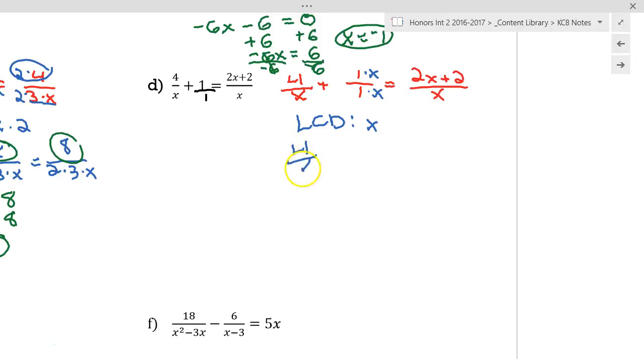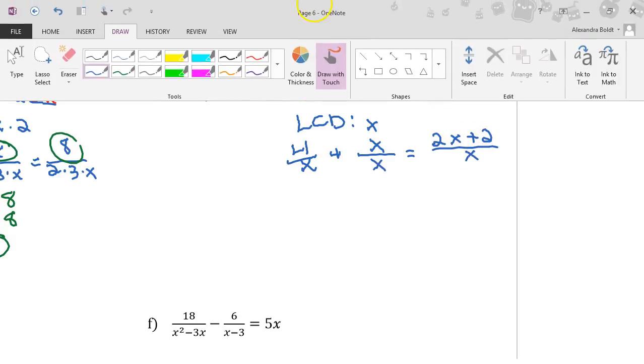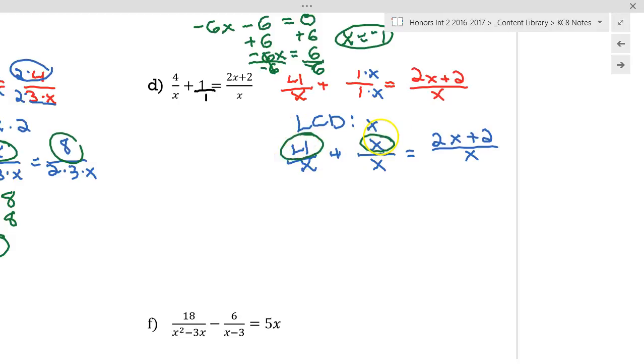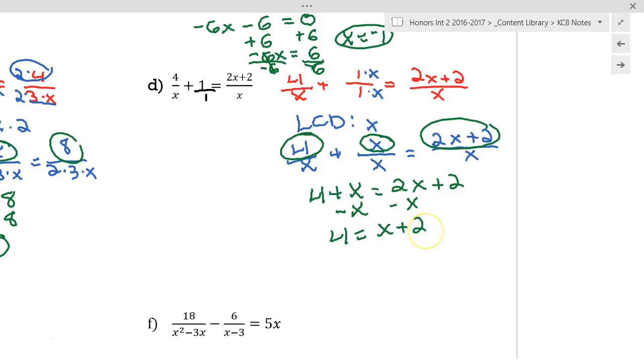So really I have 4 over x plus x over x equals 2x plus 2 over x. Now that I have that, all I'm going to do is focus on my numerators. I have 4 plus x equals 2x plus 2. I need to get all my x's on one side. So 4 equals x plus 2. Now I need to move that 2 over. So x equals 2.